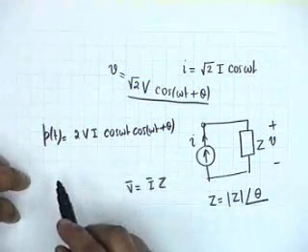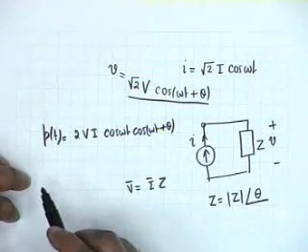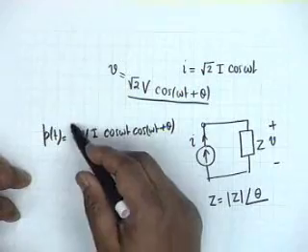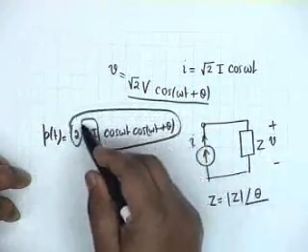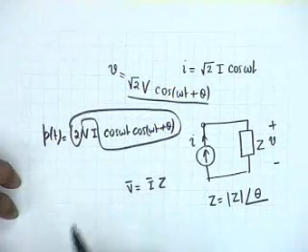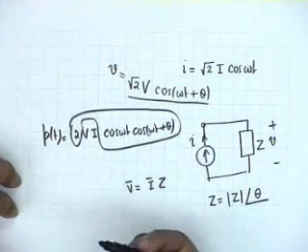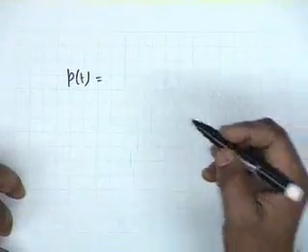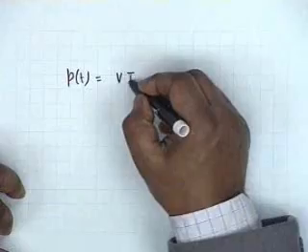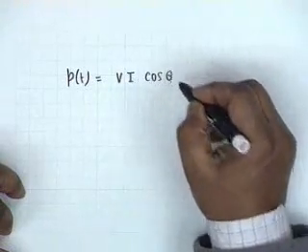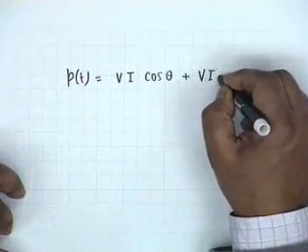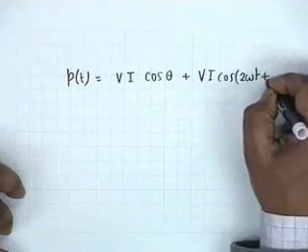If you wish to find out the average value of this, then you have to integrate this over one period and divide by capital T. Before that, you recognize that twice cosine A cosine B can be written as cosine A minus B plus cosine A plus B. In other words, the instantaneous power in a situation where the circuit is not purely resistive shall be given by V I cosine of theta, the difference between the two, plus V I cosine of 2 omega t plus theta.